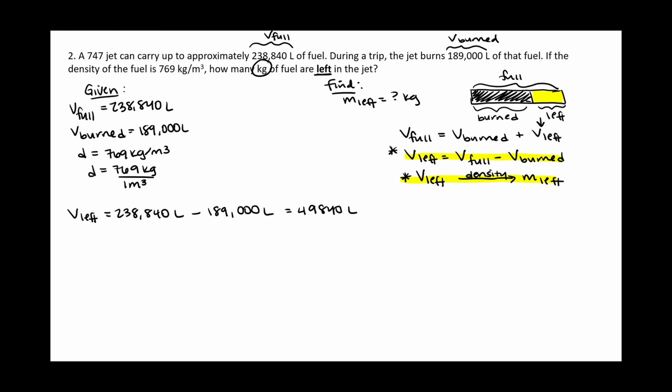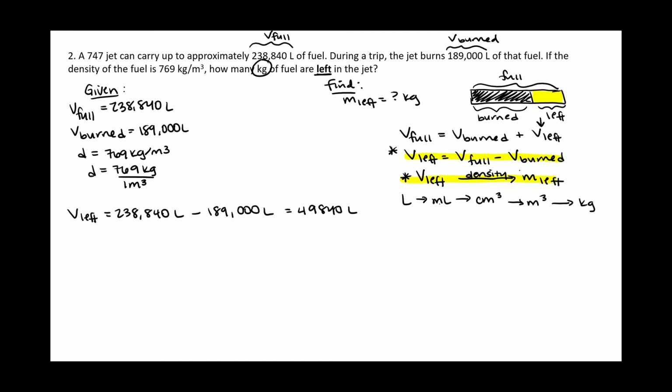I can now do a series of conversions to get to kilograms left. The way that we're going to do that is go from liters, this should look a little familiar, you're going to see this a lot, liters to milliliters, to cubic centimeters, to cubic meters, to kilograms.